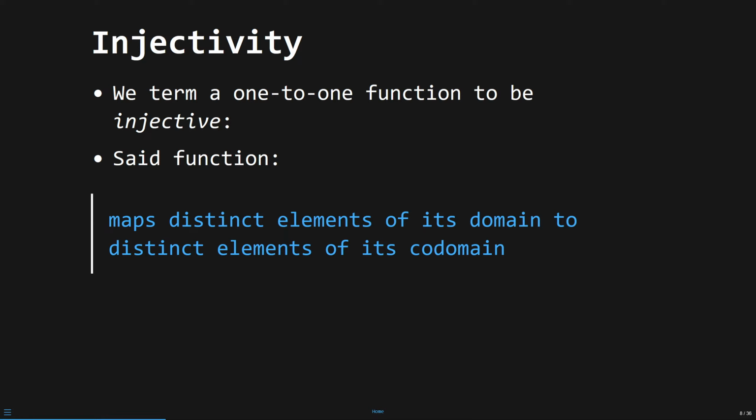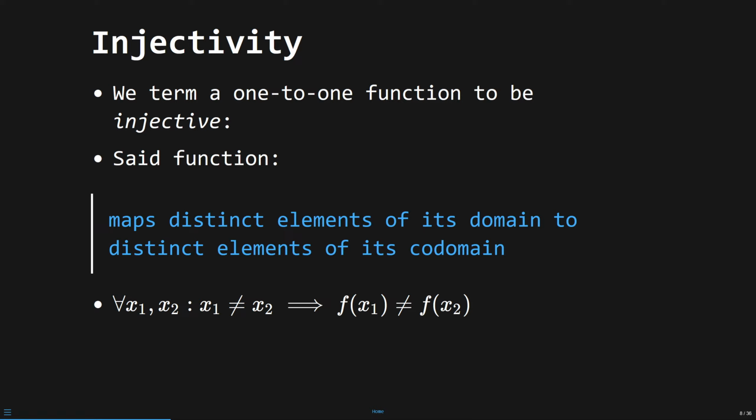And then we say that for each one of these ordered pairs, they are distinct. So no two elements of the initial set of inputs A correspond to the same element in B under the function. Here I've written that out mathematically. For all x1 and x2, if x1 does not equal x2, then f of x1 does not equal f of x2.